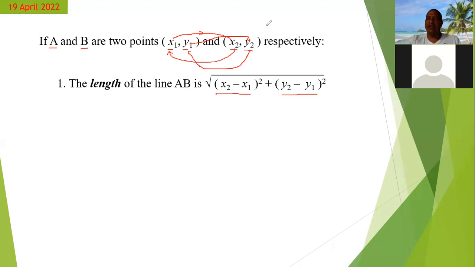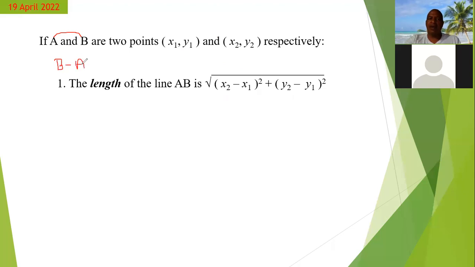All right, put it this way. You can measure the length in the bracket by doing it two ways. So you can either take away the coordinates of the point A from B. So in other words, you can take away A from B, meaning that whatever the coordinates of A are, you take them away from the coordinates of B. Or you could do it the other way around.